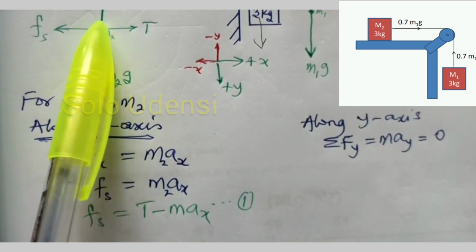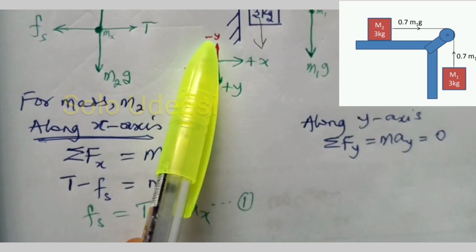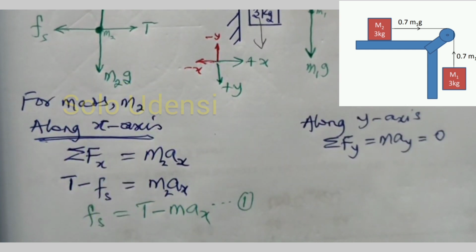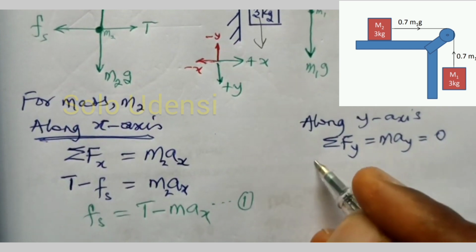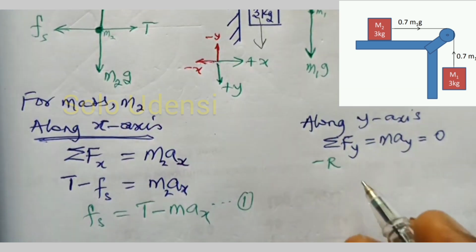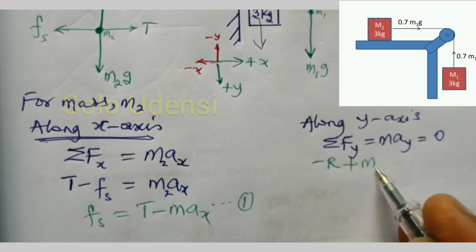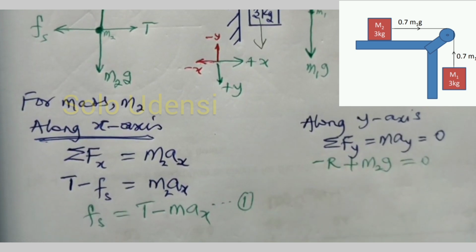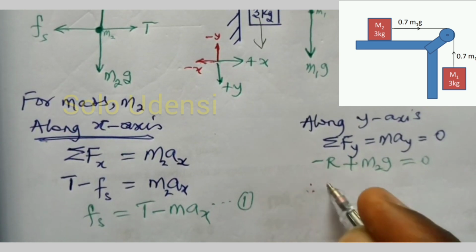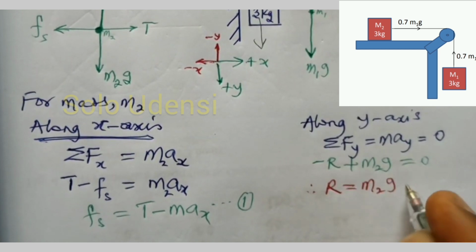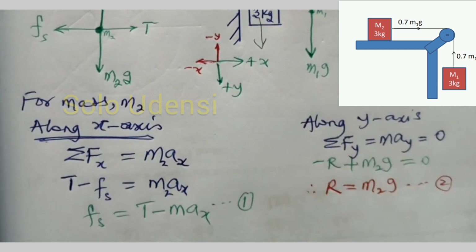The two forces acting there are R pointing in the negative direction and m2g pointing in the positive direction. So minus R, because it's pointing in the negative y direction, plus m2g is equal to 0. That means R is equal to m2g. Let's call it equation 2 if you like.